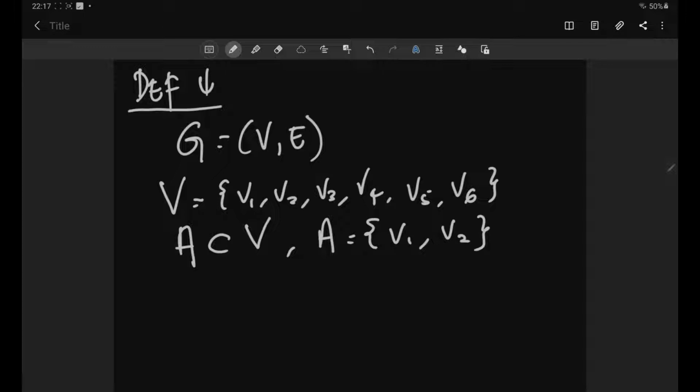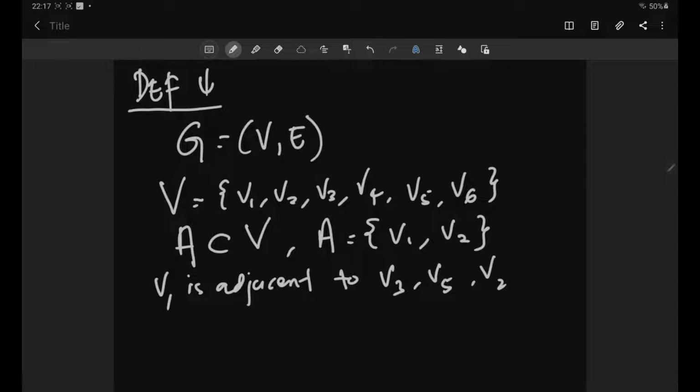Suppose that the vertex V1, which belongs to the set A, is adjacent to vertex V3, vertex V5, and vertex V2. What does it mean?